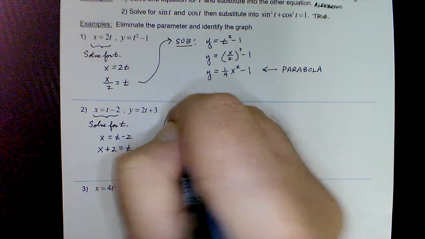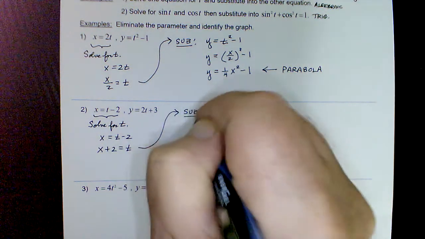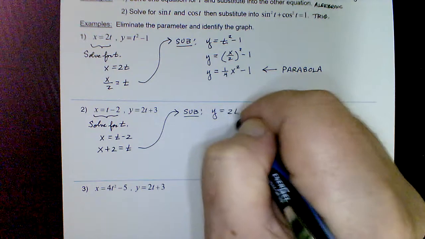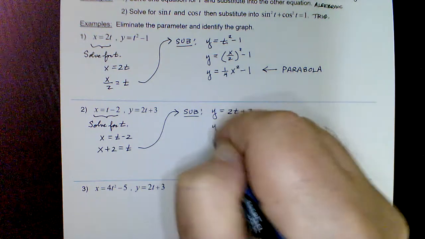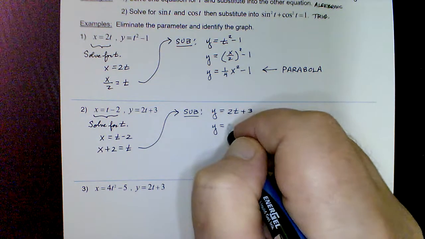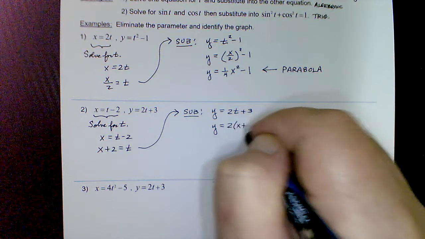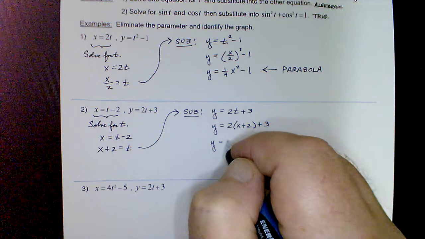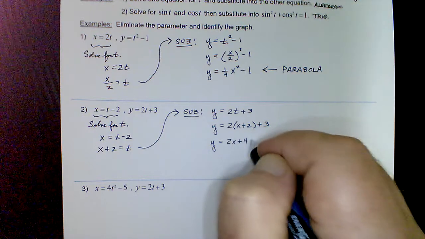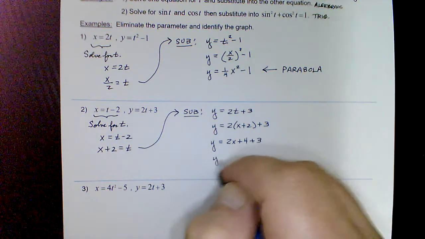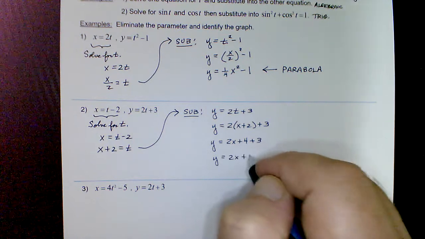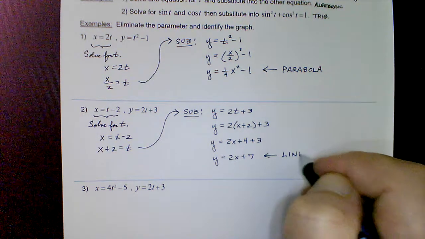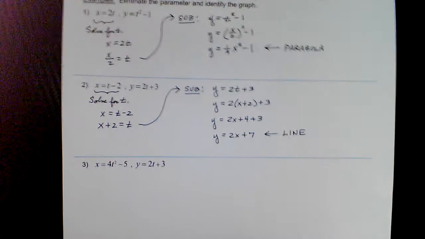Take that and substitute. And y is 2t plus 3. So y would be 2 times t now, x plus 2. Don't forget plus the 3. Obtain a standard form, distribute the 2. We get 2x plus 4 plus 3. And y equals 2x plus 7 is our standard form for the equation of a straight line.